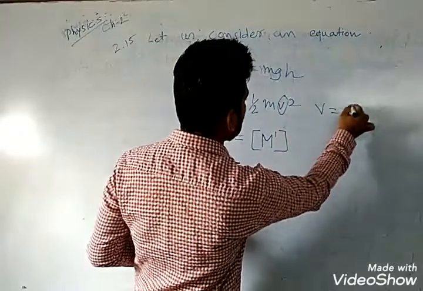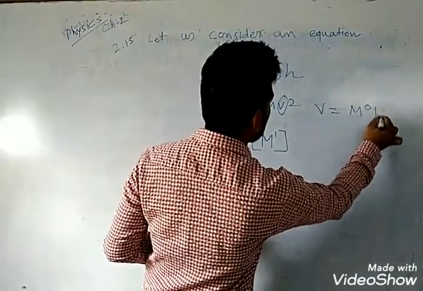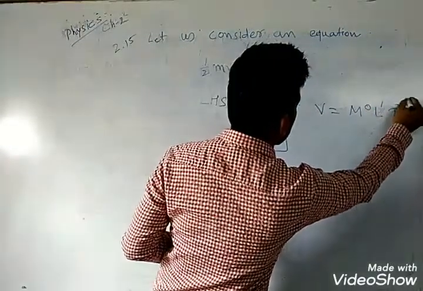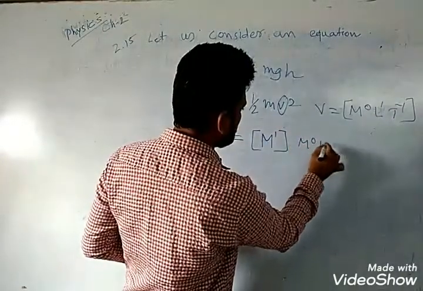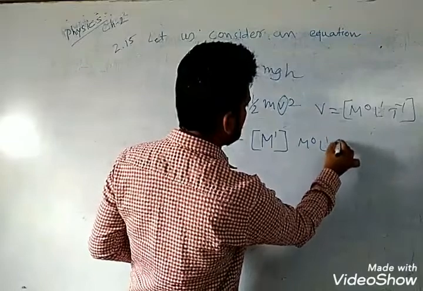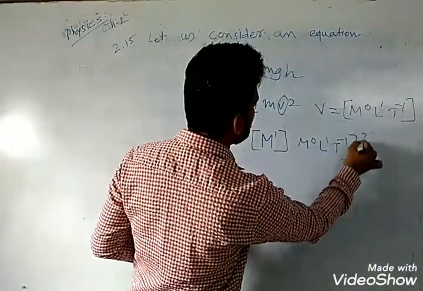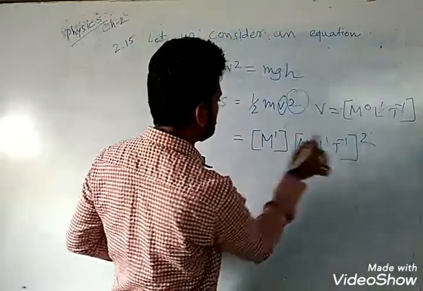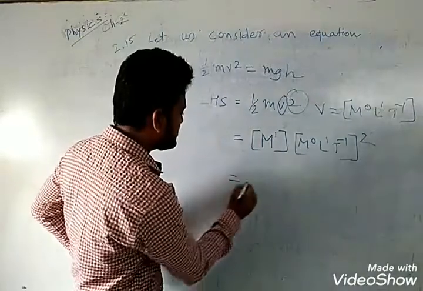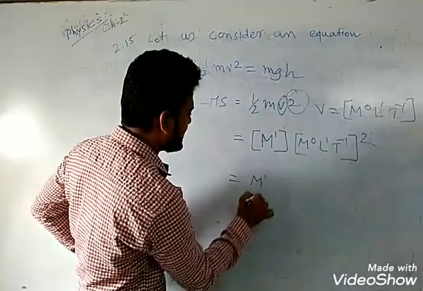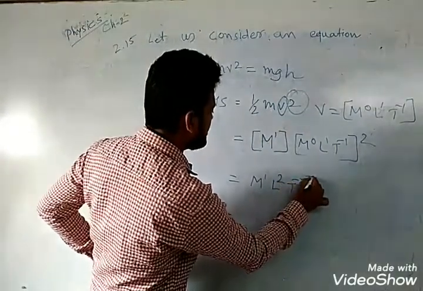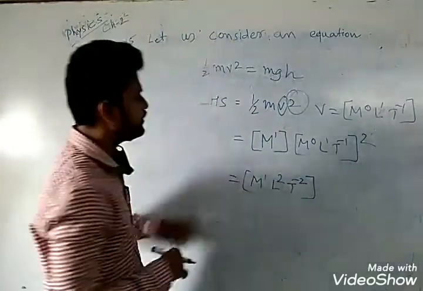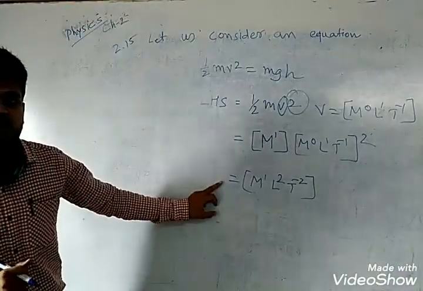V is equal to, we know, M⁰L¹T⁻¹, so M⁰L¹T⁻¹ whole square. So the final equation is M¹L²T⁻² for the left hand side.